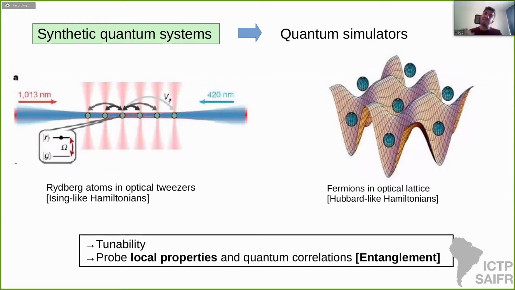Let me mention another aspect of these experiments. One is tunability, and the other one is the possibility to probe local properties and also quantum correlations, like entanglement. More specifically, I also want to focus on entanglement, which is an important aspect of my work.